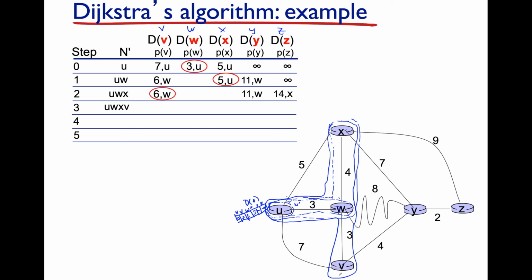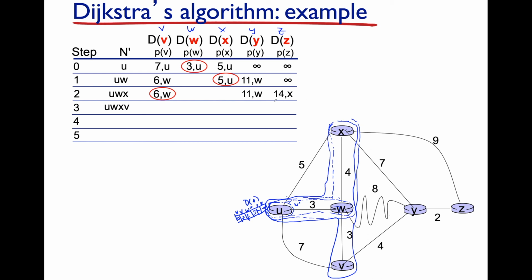So now I look at v's neighbors, and let's see, u is a neighbor of v, w is a neighbor of v, y is a neighbor of v. Now, u is already in the set n prime, the set of least cost path nodes, so I don't do anything with that. Also, w is in the set of least cost path nodes, so I don't do anything with that. What remains is this last neighbor of v, that is y.